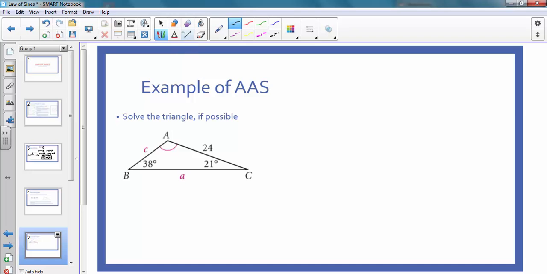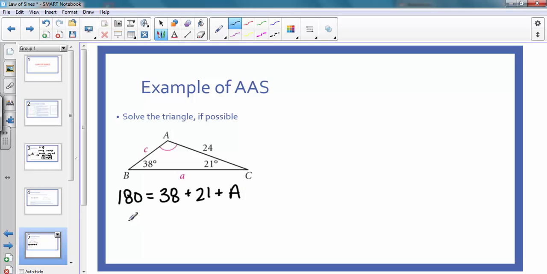And I want to note here, if you have an example of angle, angle, side, or angle, side, angle, you're going to solve these basically the same way because you know two angles out of the three angles. And when we know two angles, it is very easy to find the third angle because all of the angles in my triangle must sum to equal 180 degrees. So that's really the first step that we want to take here. I know that all of my angles must add together to equal 180 degrees.